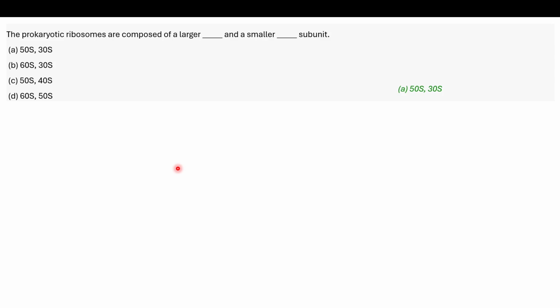In the 50S subunit you have 23S ribosomal RNA, which is around 2.8 to 3 kilobases long, and in the 30S it's around 1.5 kilobases long.